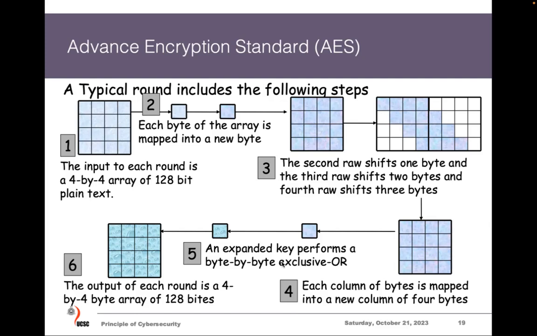Then again, we do some kind of expansion of the data in each byte according to the key and map that into a new byte array. Those mapping processes always happen based on the keys.